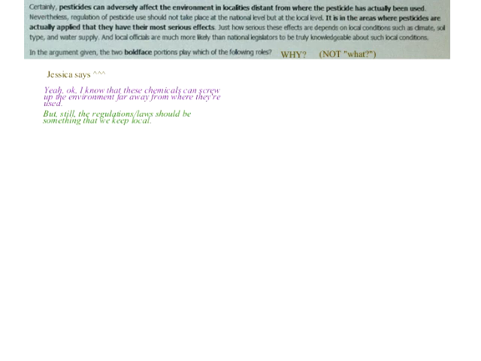And then she goes on to say, even though they have effects in places that are far away, the worst of the worst in terms of the chemicals' effects is right there in the same location. In other words, effects far away may exist, but they're simply not as bad.